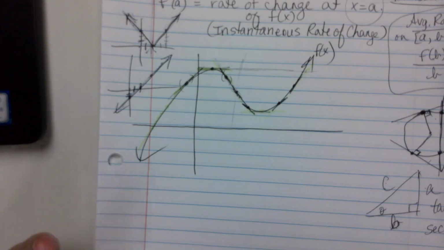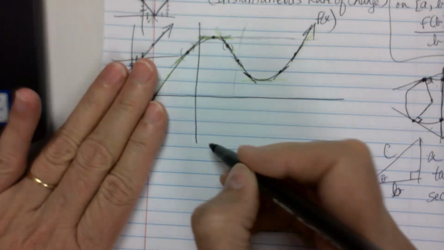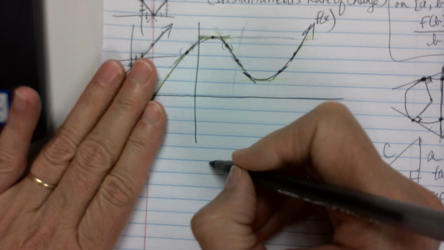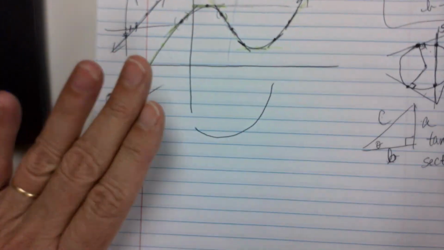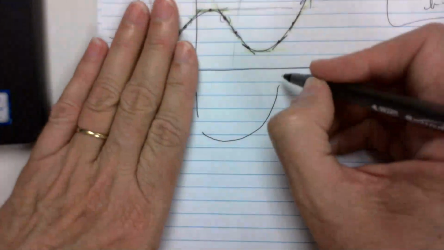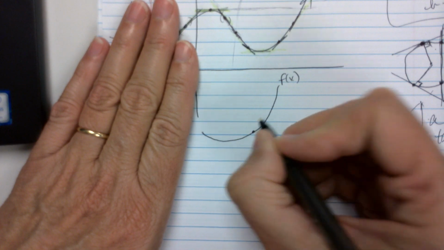Now, what our dilemma is, and I'm going to draw just a little teeny curved part of a random function. I want to make sure it's plenty curved.